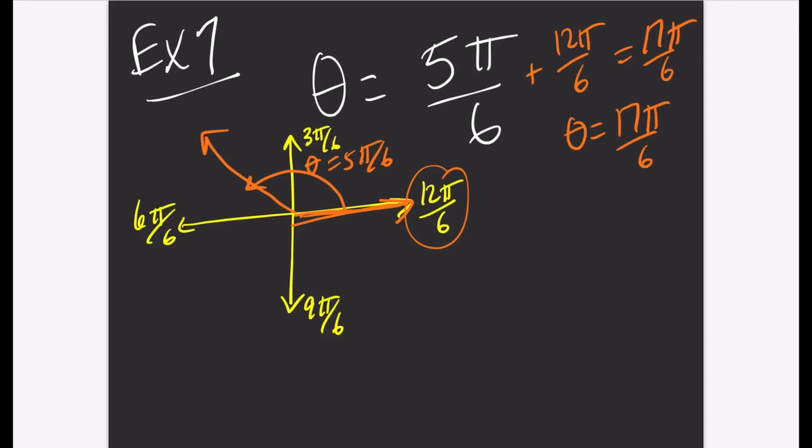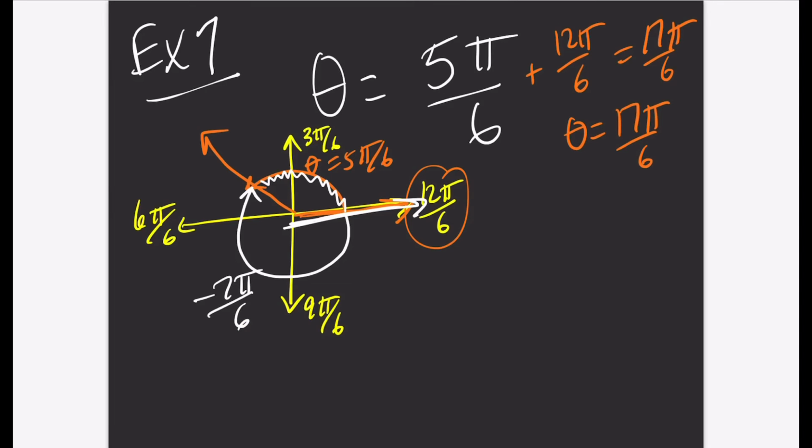But I'm more interested in finding the negative coterminal angles. So let me do that in white. It'll be the angle from here to here, so we're going clockwise this time. Keep in mind that 1 full revolution is 12 pi over 6. If you know that this right here is 5 pi over 6, you just subtract those and you get negative 7 pi over 6.